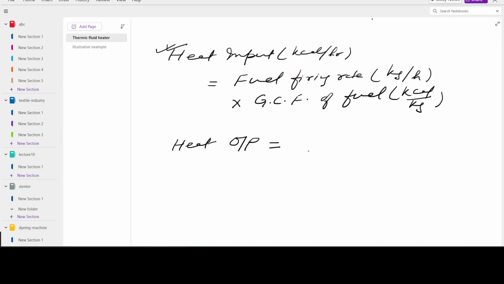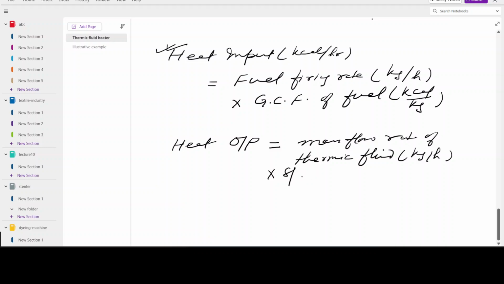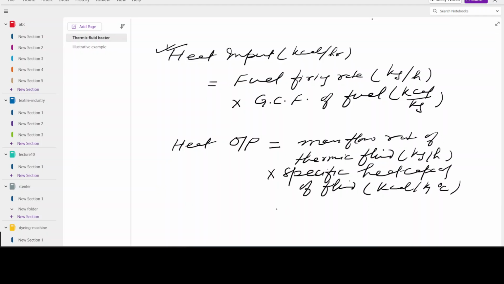heat output is mass flow rate of thermic fluid kg per hour into specific heat capacity of fluid, its unit will be kilocalorie per kg per degree centigrade, and temperature difference in degree centigrade.